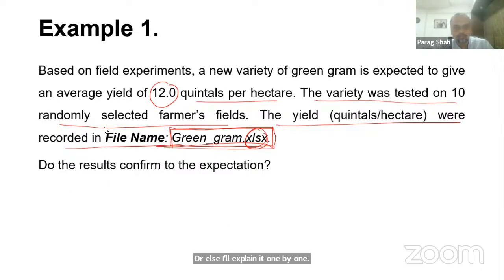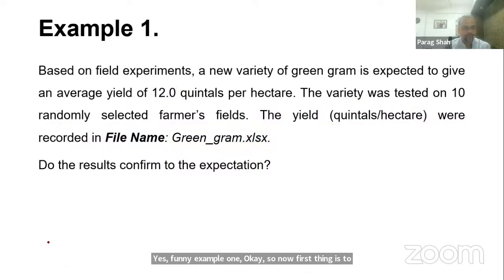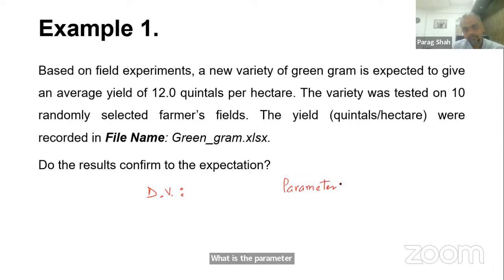Yes, Bunny, example one, perfect. Okay, so now the first thing is to decide the points that we have already discussed. In the solution, first step, what is the decision variable? What is the parameter? How many samples have we taken, samples or population?